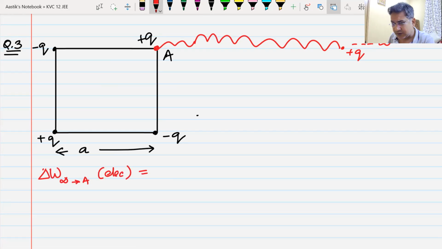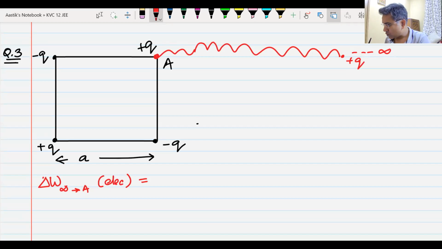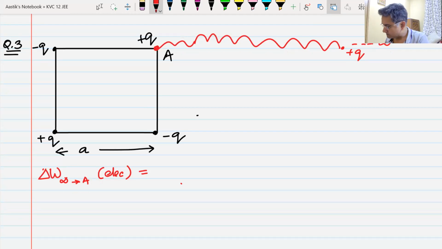What is the answer that you got? 4kq square by a minus 2kq square by root 2a.